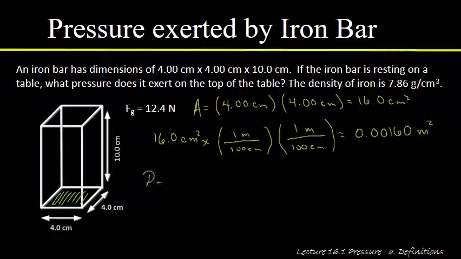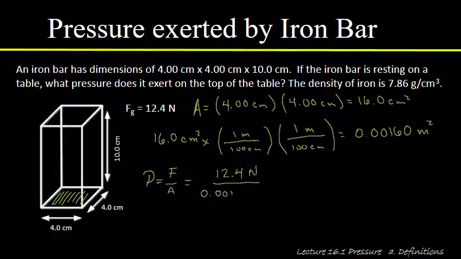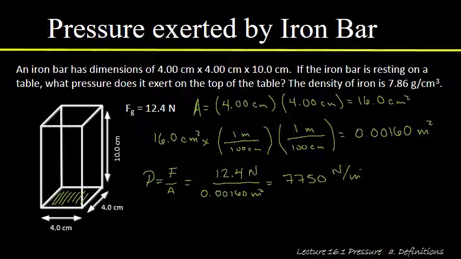Right. Then to calculate the pressure, of course, is just the force divided by the area, which in this case is going to be 12.4 newtons divided by 0.00160 meters squared, which gives us 7,750 newtons per square meter.